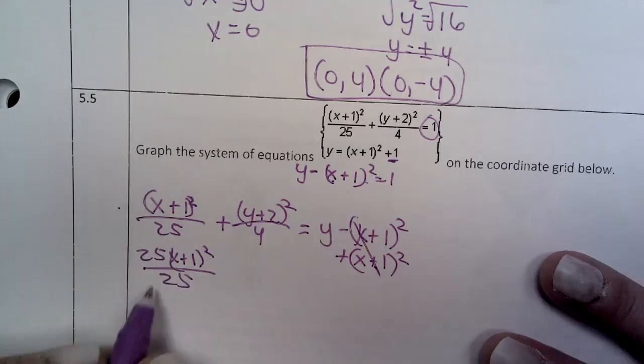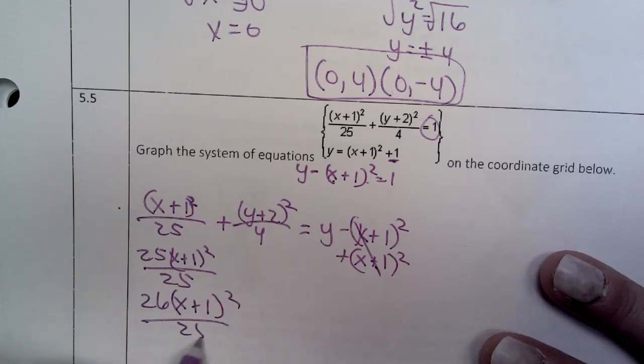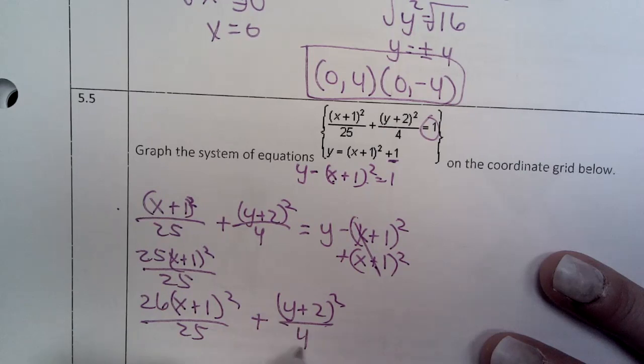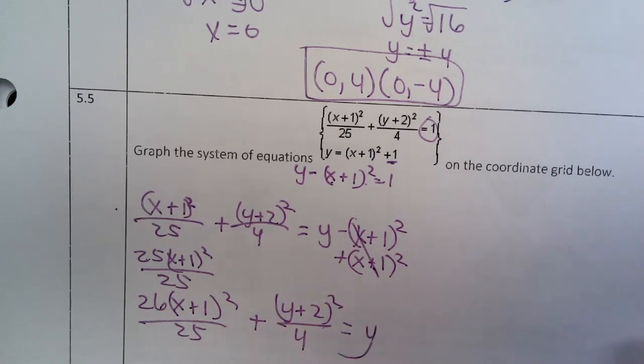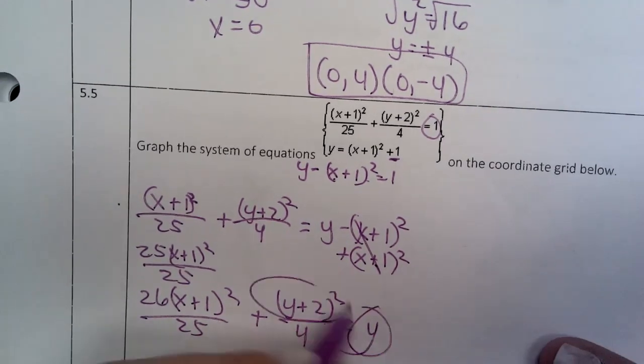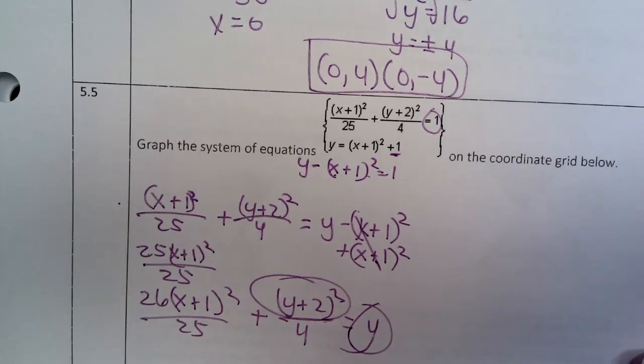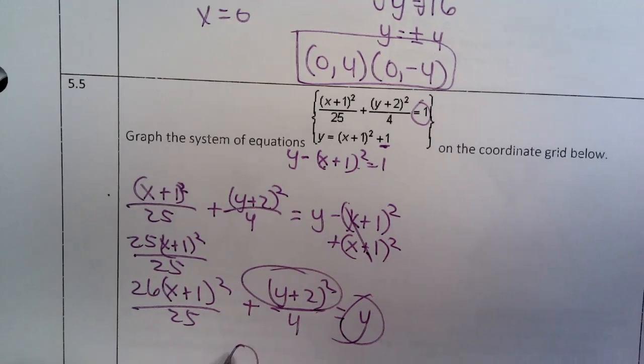So that's going to be 26 times x plus 1 squared over 25 plus y plus 2 squared over 4 equals y. Well, my question now is, will that ever equal that? Will I be able to combine those? No, I can't. So in this case, it's looking like there's going to be no solution.